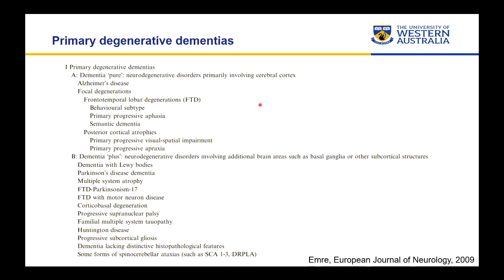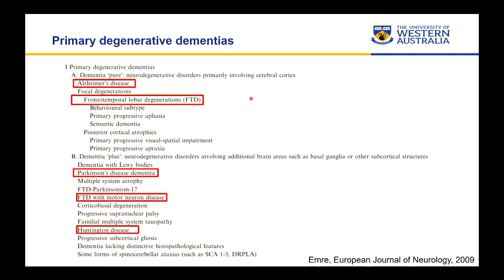As you can see, there's a lot there. Some of the more common ones that pop up a lot are Alzheimer's disease, which we're going to talk about soon, frontotemporal dementia, which you might hear in regards to Parkinson's disease as well, Parkinson's disease dementia, frontotemporal dementia with motor neuron disease, and Huntington's disease.